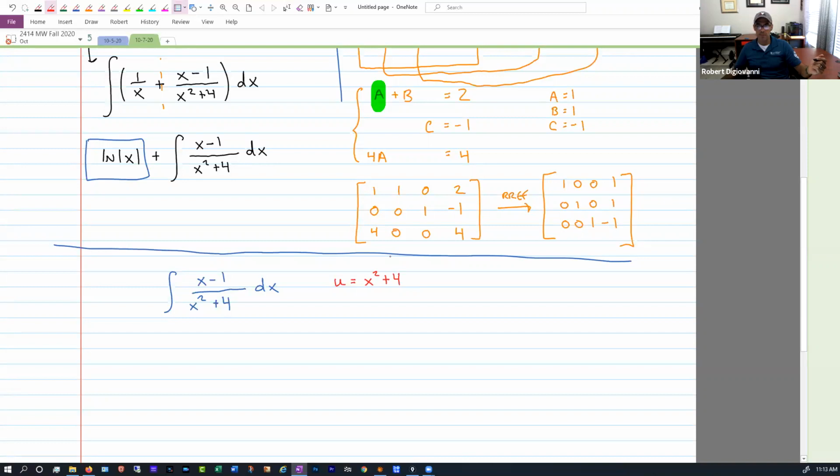Okay, we're going to make that substitution. Then we take the derivative of that. That gives us 2x dx. So we would really like this numerator to be a 2x dx, right? So I'm going to make that x a 2x. So I'm going to multiply the top and bottom out here by 2. I'm going to push the 2 through the top.